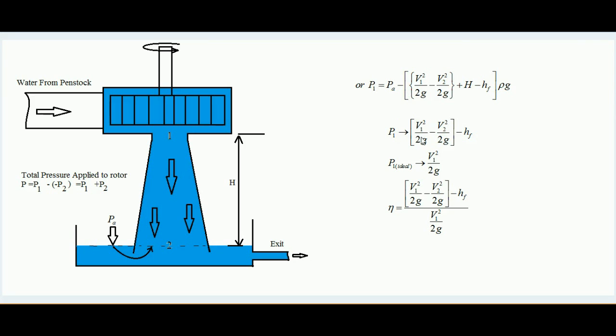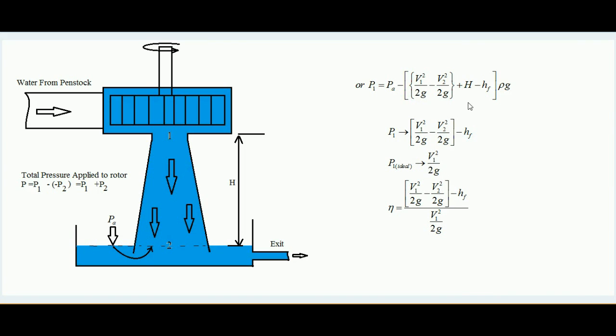It is like this. So ideal vacuum would be in the case when V2 is exactly equal to 0 and there is no HF. So ideally the vacuum pressure exerted over point 1 will be the case in which V2 equals 0 and there is no HF, so that equals V1 square by 2g. Therefore the ideal pressure will be the case when V2 and HF both are 0, so V1 square by 2g.